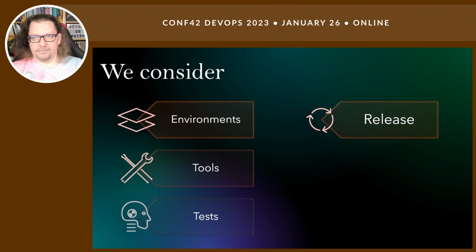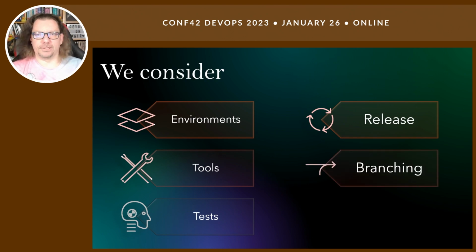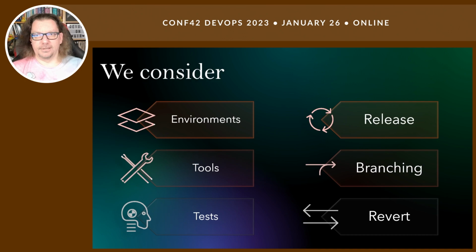If you are even above this level of senior, you will think about branching, and some kind of Jedis inside the team will think about the reverts, because this is also part of CI/CD. Of course, I'm kidding a little bit, but not that much.